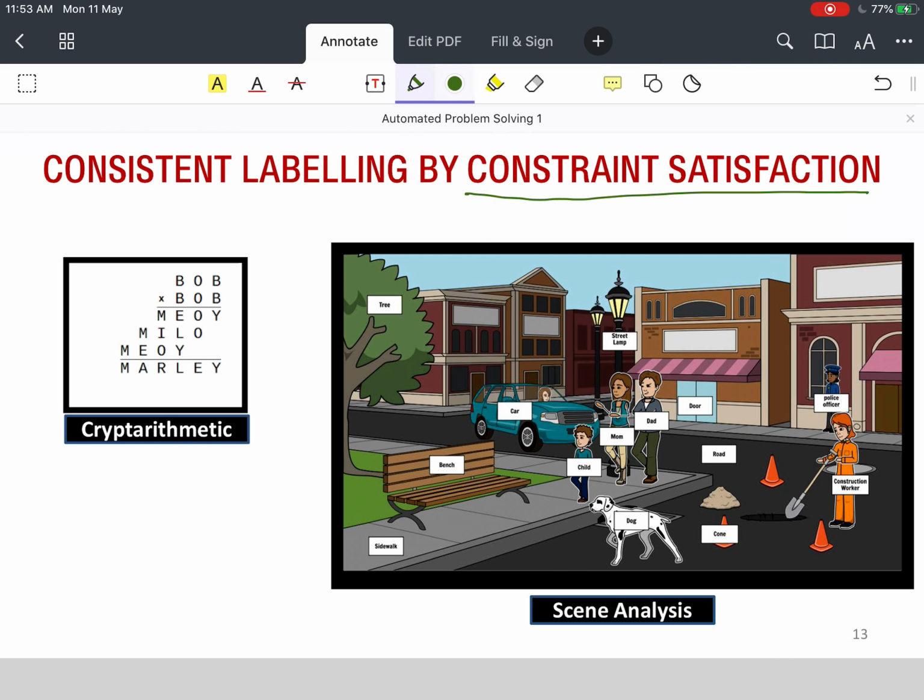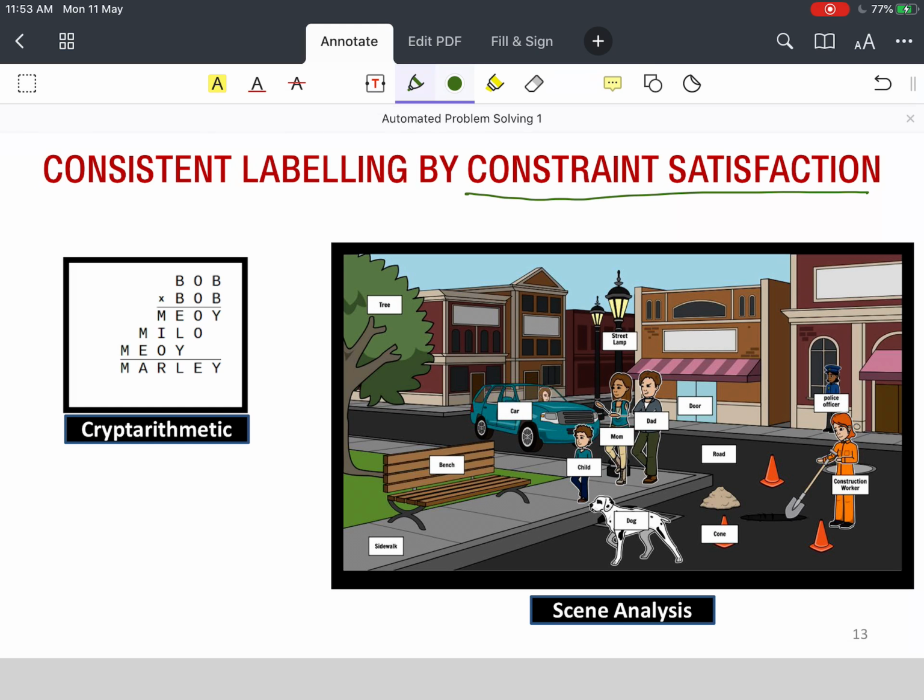We have seen this in the timetable problem: in a particular state, we cannot have a clash where the same teacher has a class at the same time slot, or the same room is booked for two classes in the same time slot. In order to do that, we have to solve what is called the constraint satisfaction problem. In general, the constraint satisfaction problem is also a very important problem in automated problem solving.